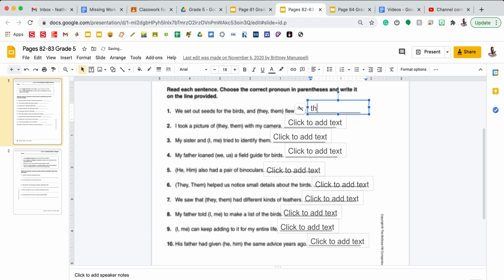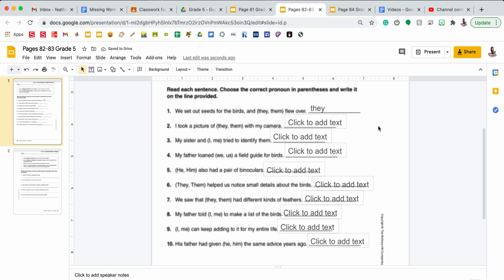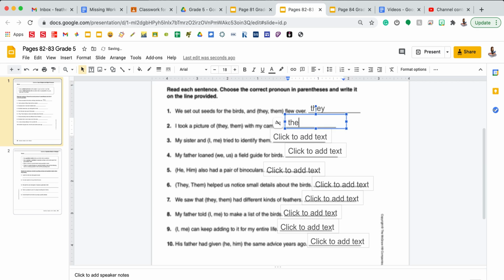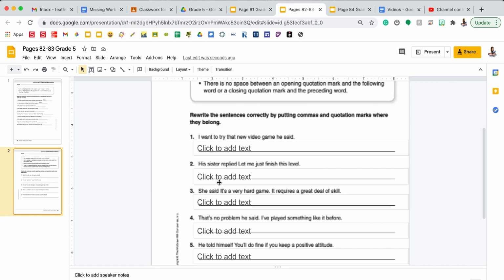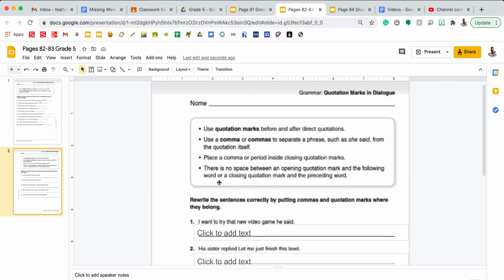We are going to choose they for the correct pronoun. Number 2 says, I took a picture of blank with my camera. I need to again choose between they and them. Because it's an object pronoun here, I'm going to choose them. You are also assigned page 83.